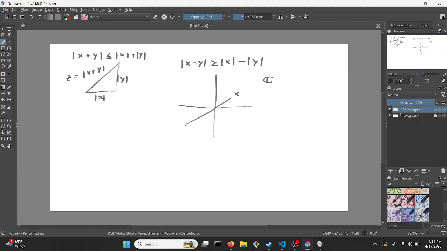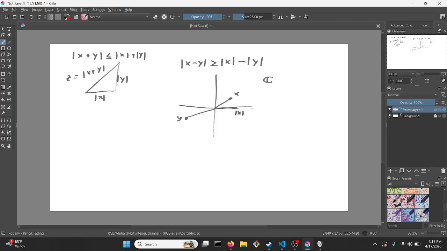Or I'll draw it over here. Some y. What this is saying is that if we take the norm of x and y, that effectively flattens it, right? Because the norm is a scalar. So it's going to be somewhere on the real plane now.